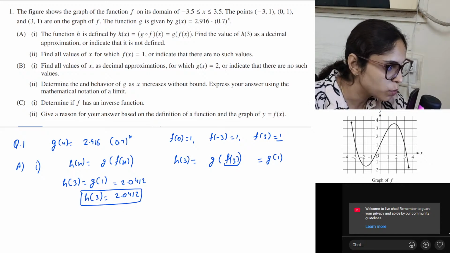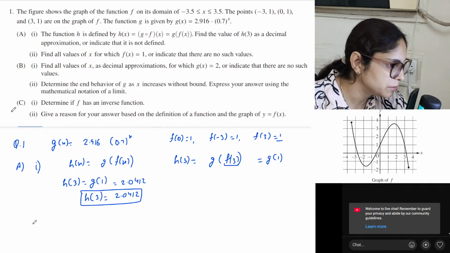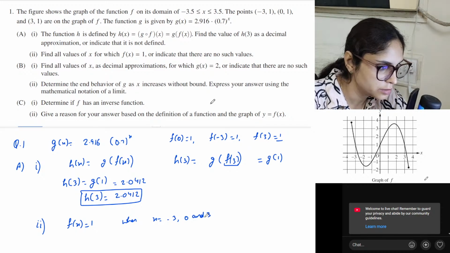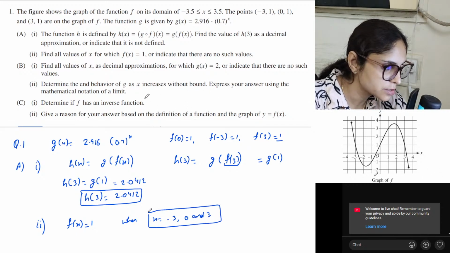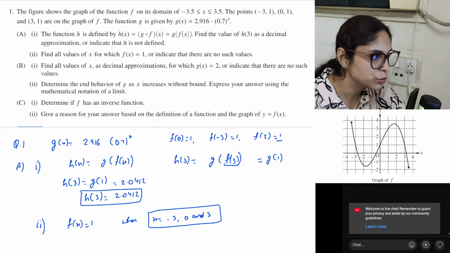So f(x) is 1 at -3, 0 and 3. So for the second part, f(x) is equal to 1 when x is equal to -3, 0 and 3. These are all values of x. And that is it. We're done with the answer here as well.